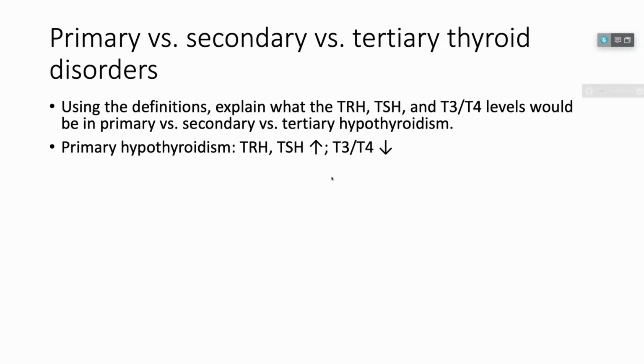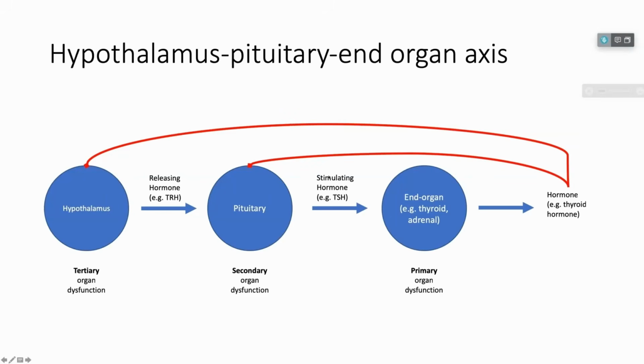So in secondary, the TRH would be increased while TSH and T3, T4 would be decreased. Boom. Why? So I'm lacking feedback from my end organ. And that's why my tertiary organ that's functioning is increasingly stimulating the secondary organ that's defective for any reason. Yeah.